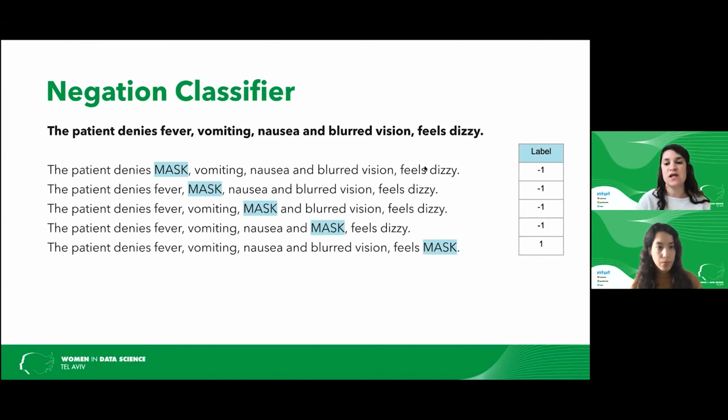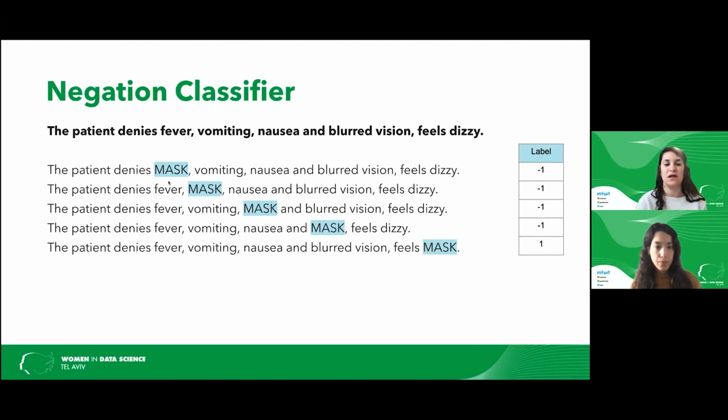In the first sentence, we can see that fever is now in focus, so we use masking for the word fever, and the label is related to the masking word. So we have the negated label for the word fever because we know it is negated. And in the last sentence, we use masking for the last word, dizzy, whose label is positive. So this is the first use of the masking mechanism.